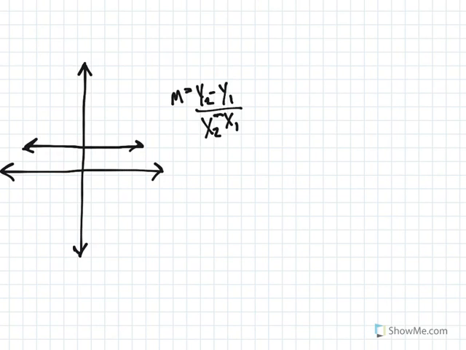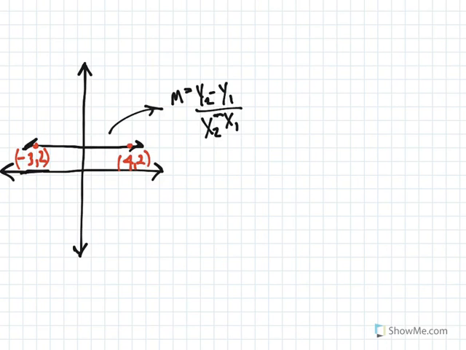Let's say that the points on this line are (4, 2) and (-3, 2). Okay, so these are our 2 points, and this is a horizontal line.